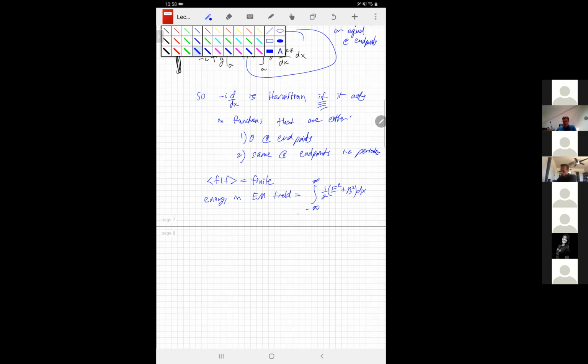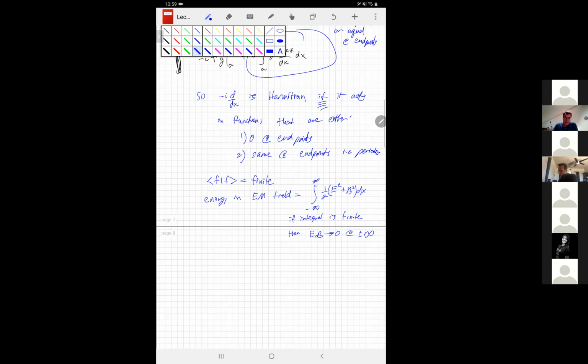If that integral is finite, then E and B must go to 0 at plus or minus infinity. That's the only way that any of this is going to work. So we must be talking about EM fields that go to 0 at infinity. We often limit ourselves to fields like that in physics, or functions like that in physics.